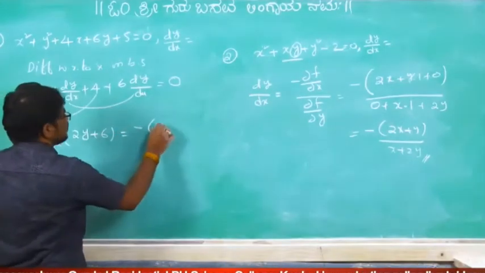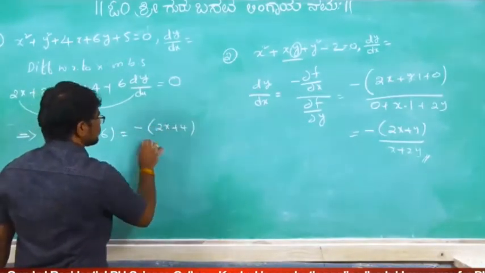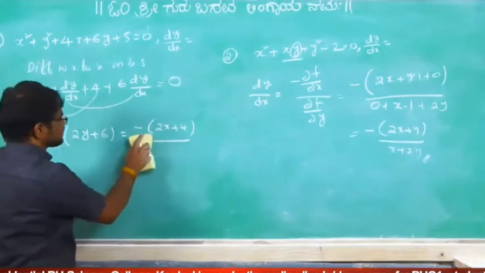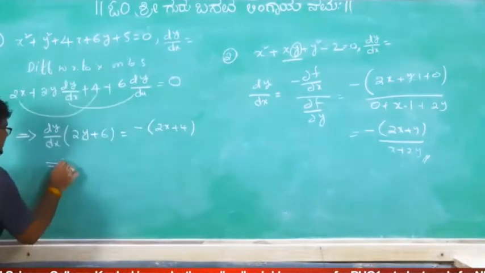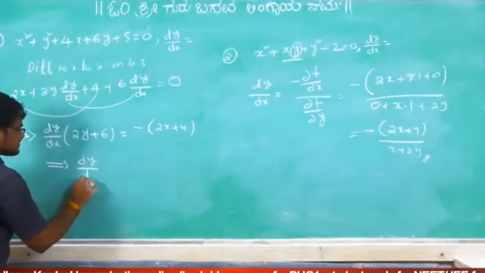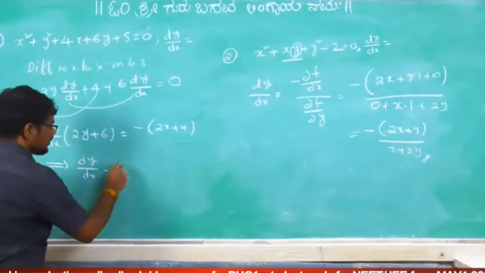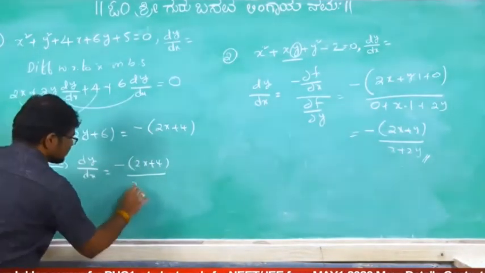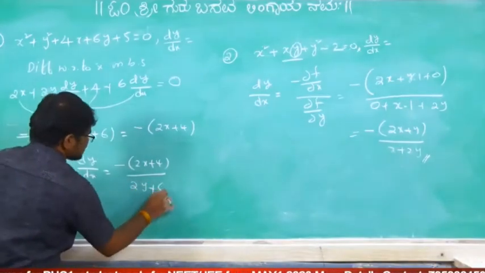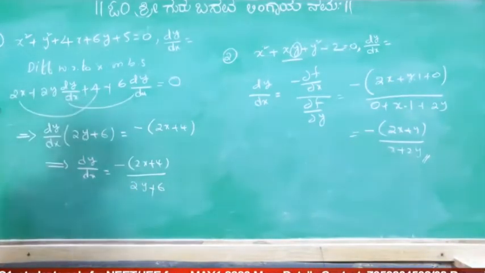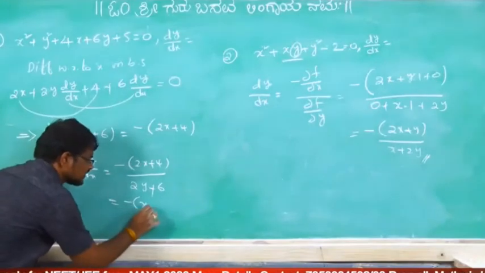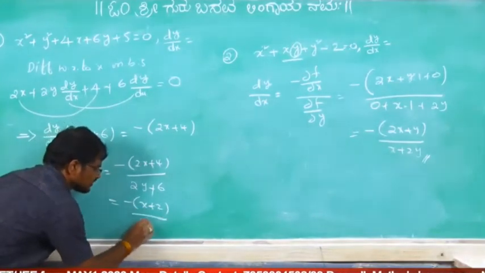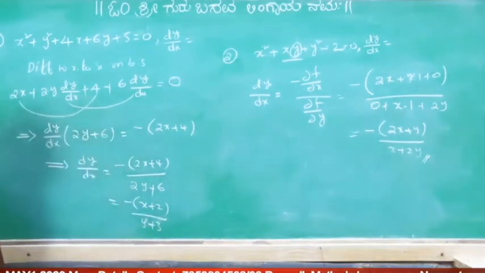Minus of 2x plus 4, whole divided by this. That implies dy by dx equal to minus of 2x plus 4 divided by 2y plus 6. If you cancel 2, minus of x plus 2 by y plus 3. This is our answer.